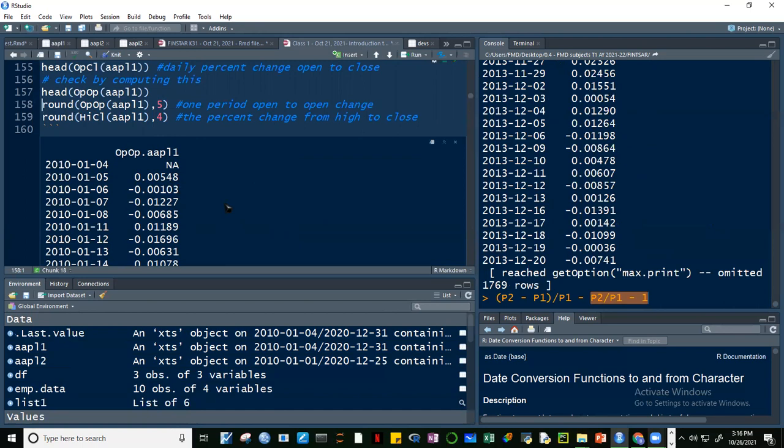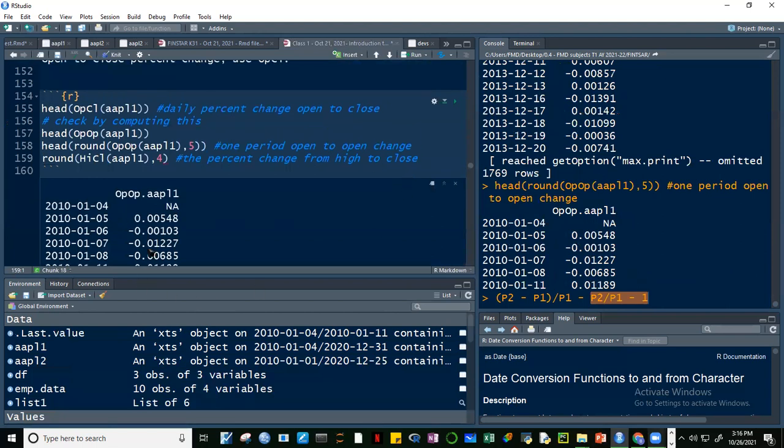We could have just used the head just to give us the first 6 answers. There. So it drops off the other decimal places and gives us just 5 decimal places. If it's 4, guys, then just use 4. Clear so far with this when we're getting the percentage changes?